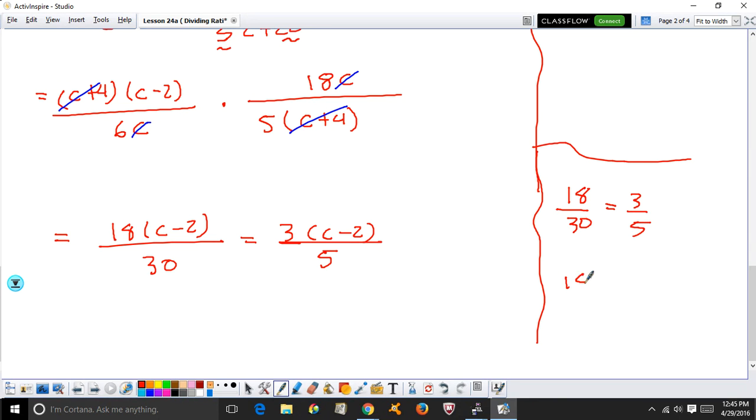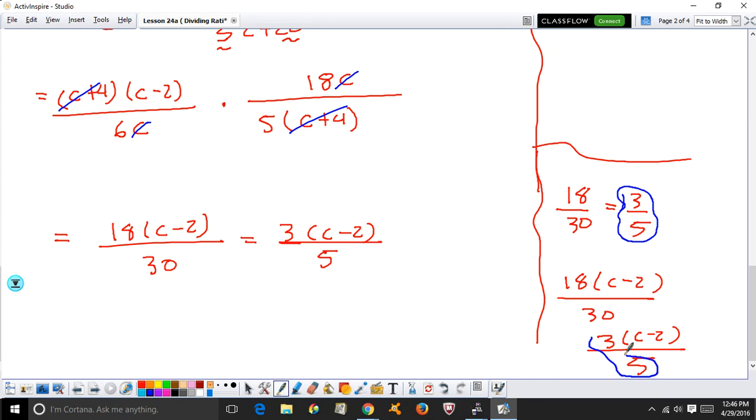So that means that 18 times c minus 2 over 30 is the same as 3 times c minus 2 over 5. It's basically the same expression. 3 over fifths, and you just add the c minus 2 on top because that's where you originally started. And this is it. This is our final answer here.